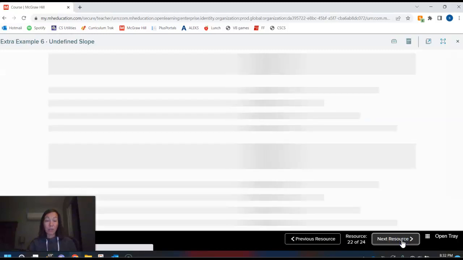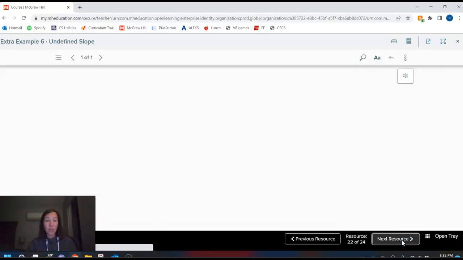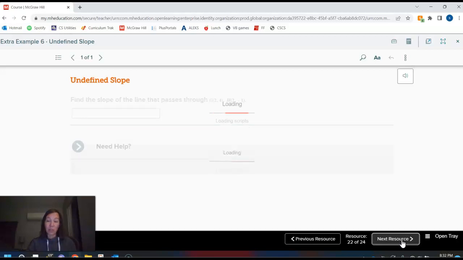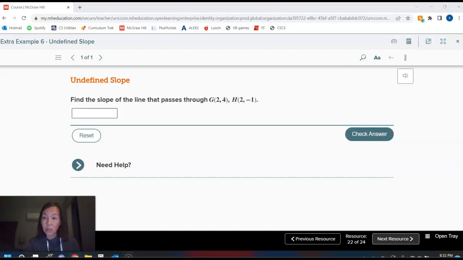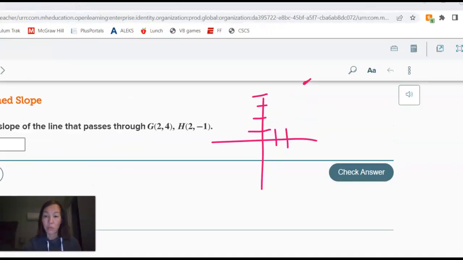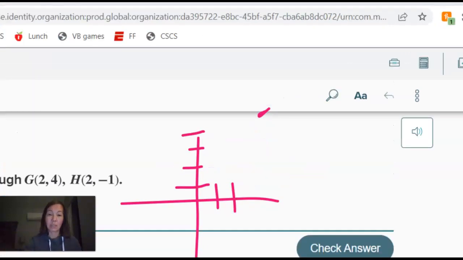But again, if you draw a picture, you can see without using the formula. So this one, if I have 2, 4, and 2, -1, here's 2, 4.